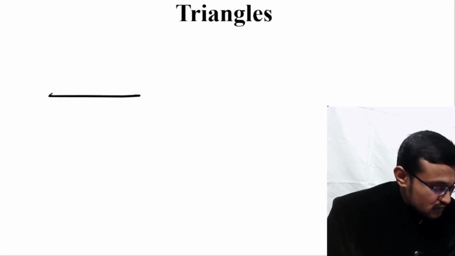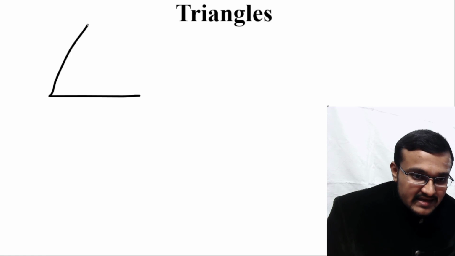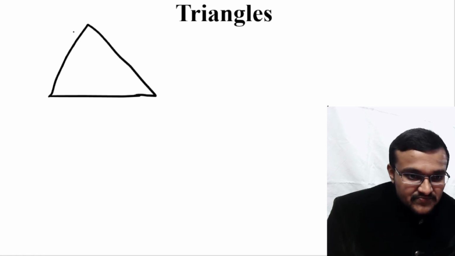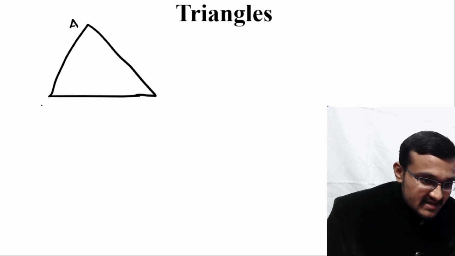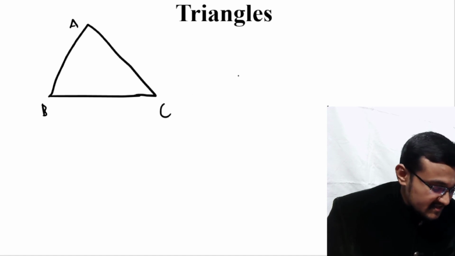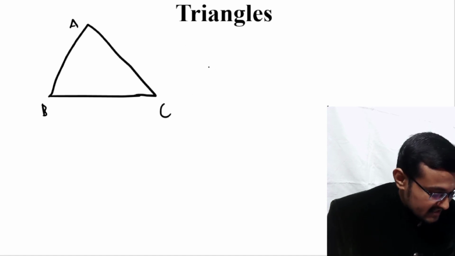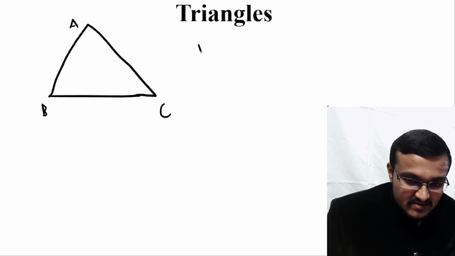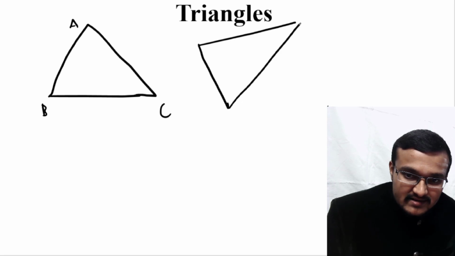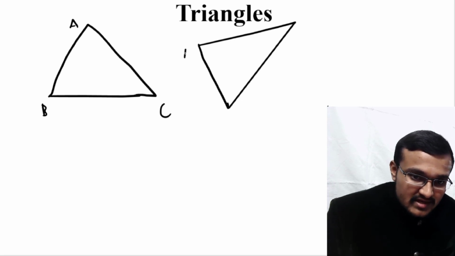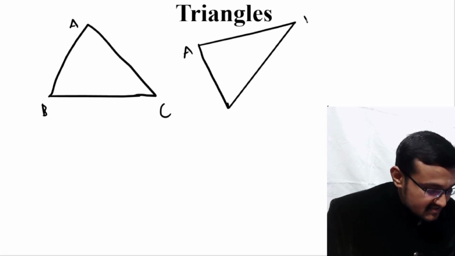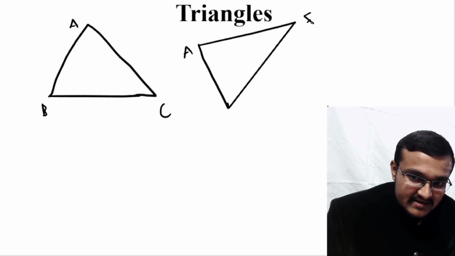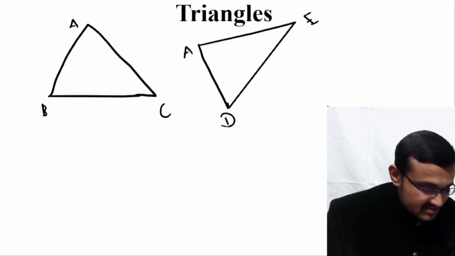So we have two triangles like this: A, B, C, where this is A, this is B, and this is C. There is one more triangle like this: A, this is E, and this particular point is D.